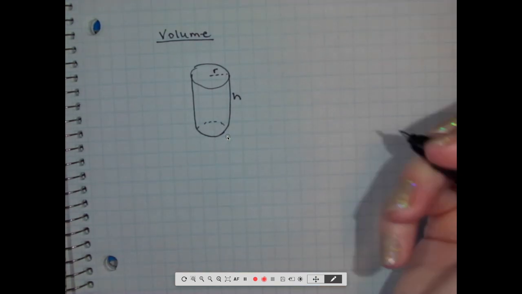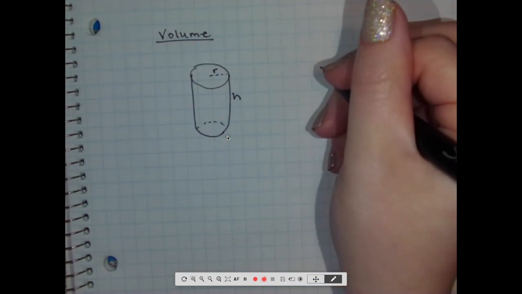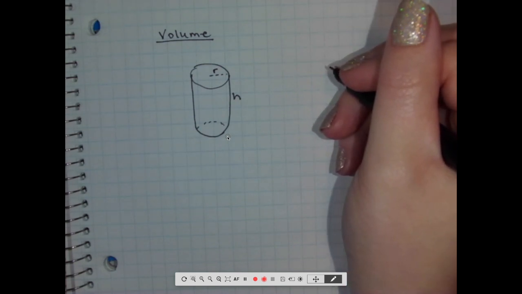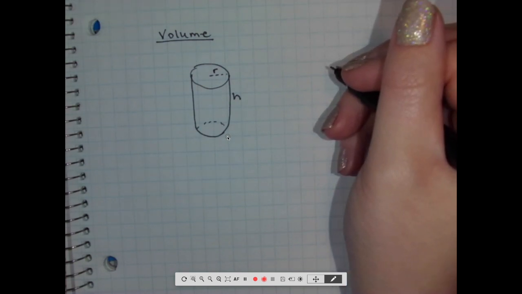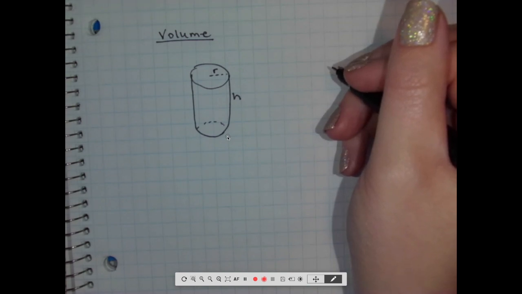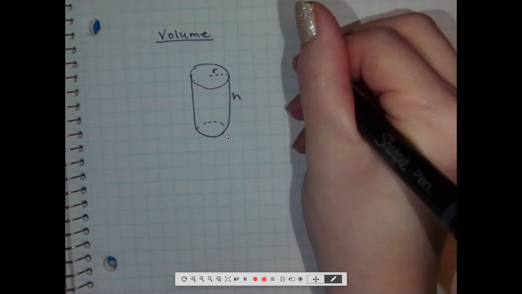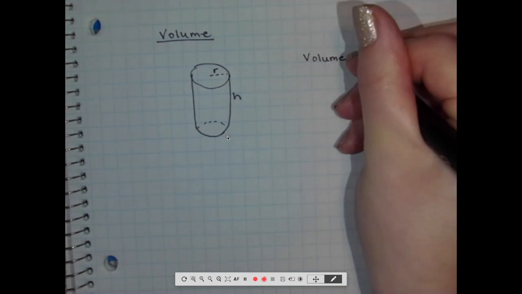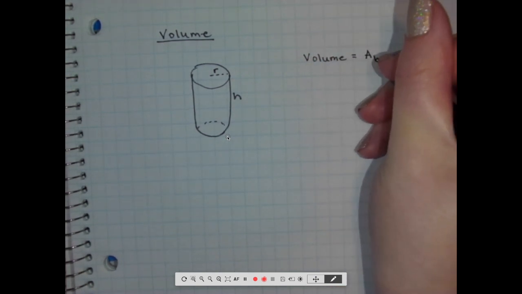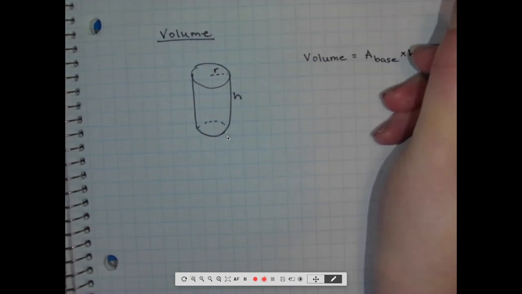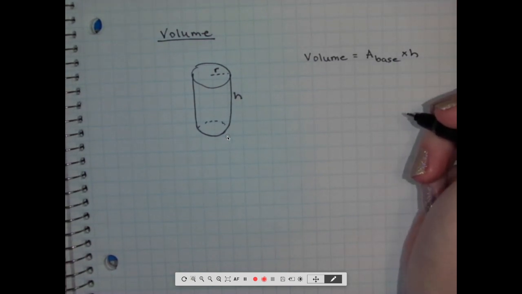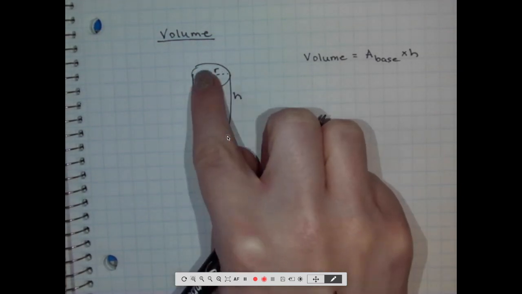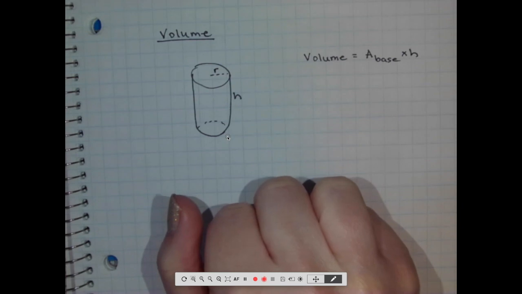So if we recall from the last few, like when we did volume of a triangular prism, volume of a rectangular prism, we think of volume as being the area of the base times the height. A cylinder has a circular base. This looks more like a circle, so maybe I should point that one out.